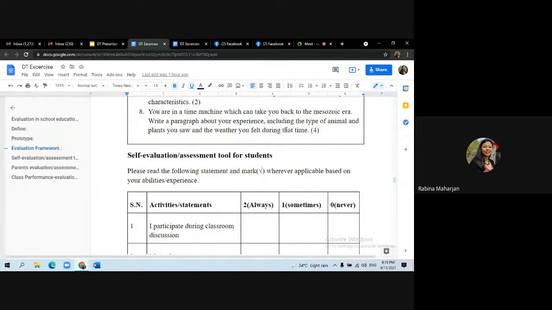Of course, the question demands the events that took place in the Mesozoic era, but that alone will not be enough, because along with that, this question is also demanding a certain type of imagination and creative writing from the students.